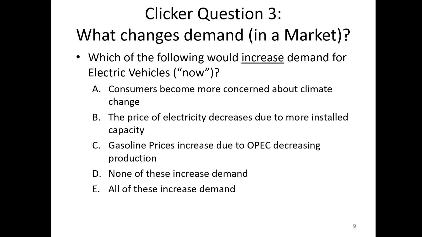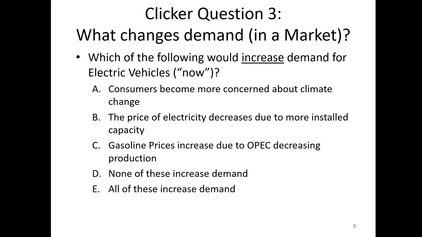The price of electricity decreases due to more installed capacity, i.e., more production of electricity, so the price of that goes down. The price of gas goes up because OPEC, the Organization of Petroleum Exporting Countries, decreases production, which causes global gas prices to increase. Will none of these increase demand, or will all of these increase demand for electric vehicles?